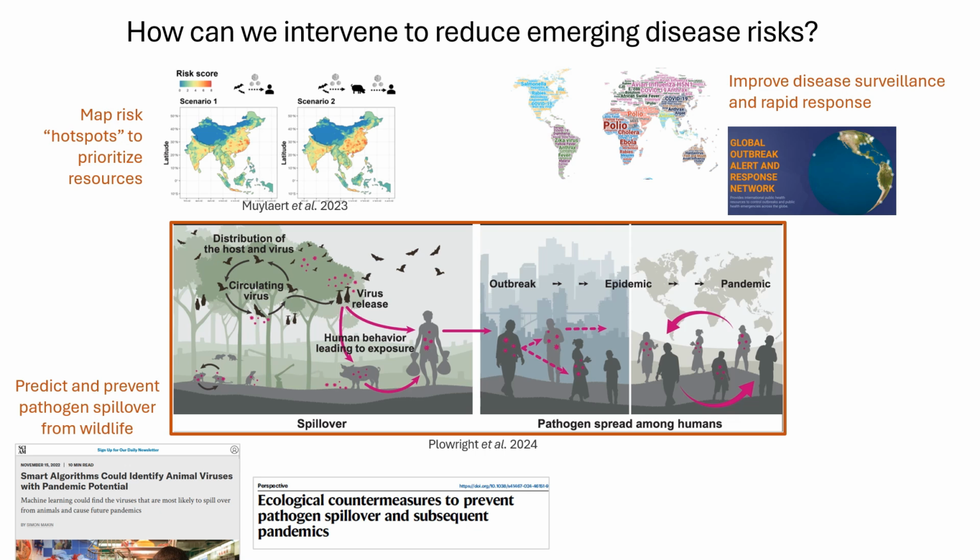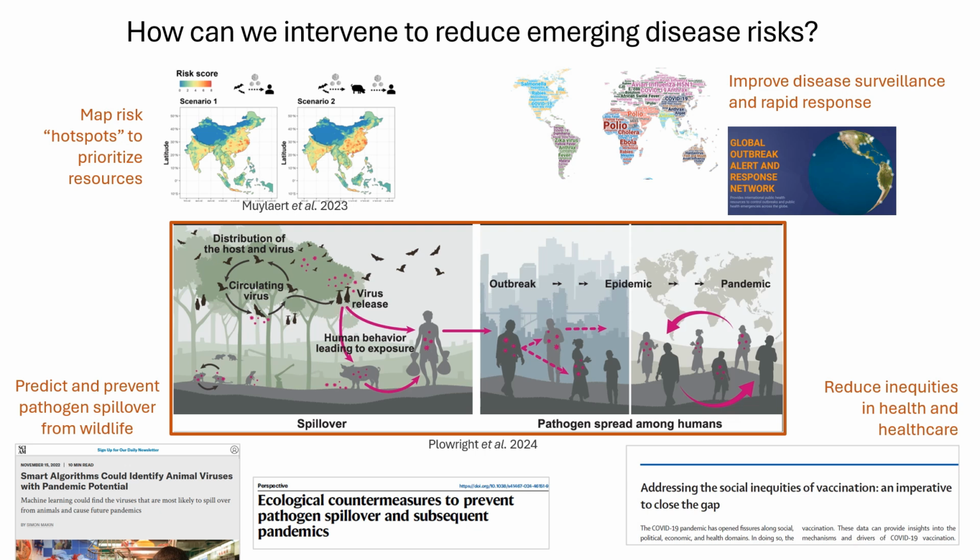But then more on the health system side, we can think about improving disease surveillance and rapid response, right? So ensuring that when outbreaks happen, they are quickly detected and those detections are quickly escalated to the right decision makers, to ensure that responses are fast enough to contain emerging epidemics before they escalate to become the kinds of large-scale epidemics that have a severe health burden.